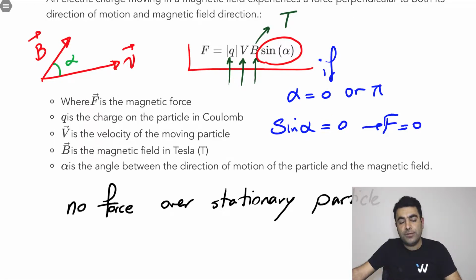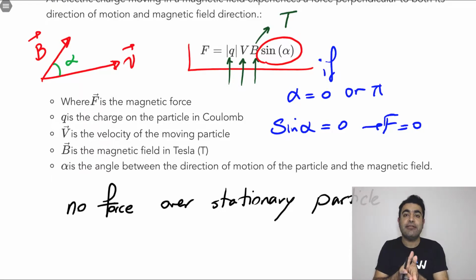Remember that alpha was the angle between the magnetic field and the direction of the motion. If this angle is 0, it means that both velocity and magnetic field point along the same direction, and when the angle is pi, it means that the magnetic field and the direction of the motion are opposite to each other because they make an angle of 180 degrees with respect to each other.